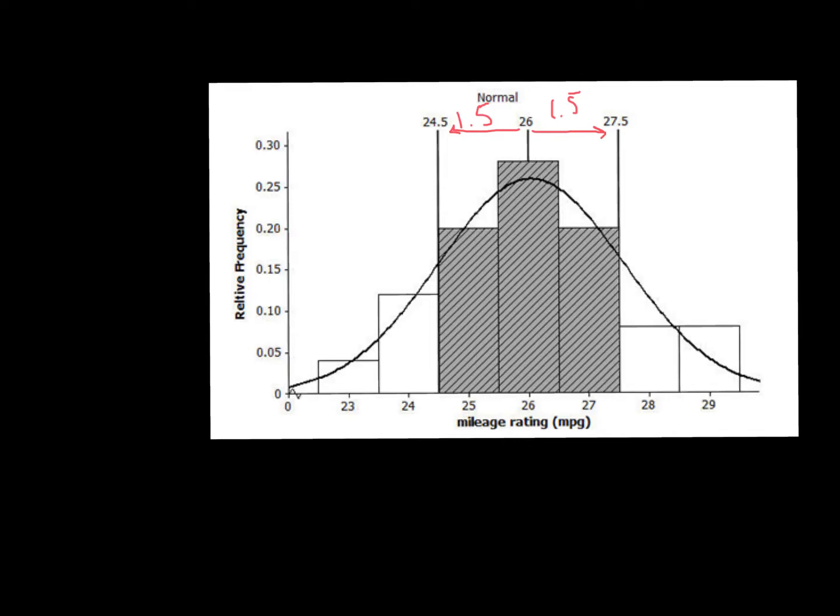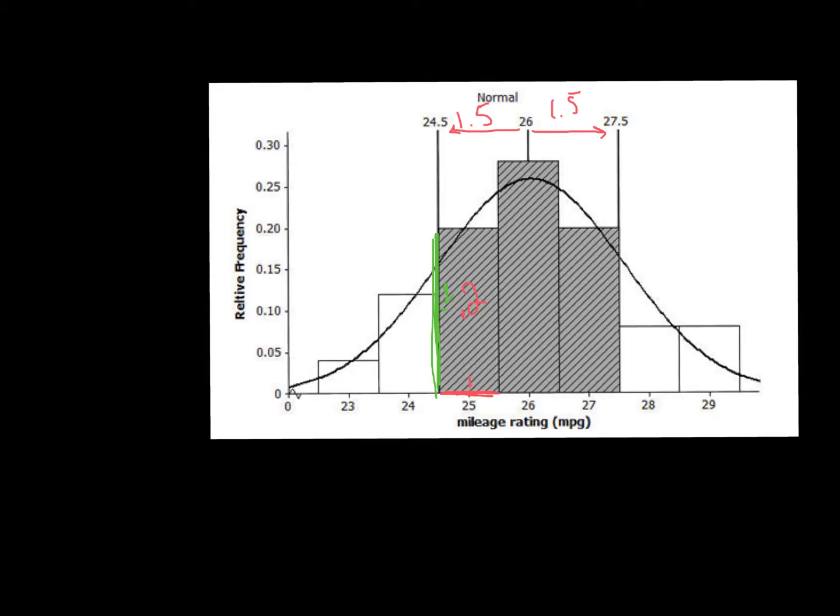So if we were to think about this as being just the area of this rectangle, what we're going to get is the total proportion that this rectangle represents. So this would be 1 mile per gallon times the 0.2 in the relative frequency, and what that will tell us is that this area is about 0.2, or in other words, that this takes up 20% of my total distribution.